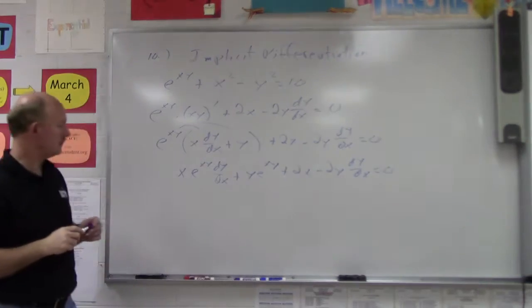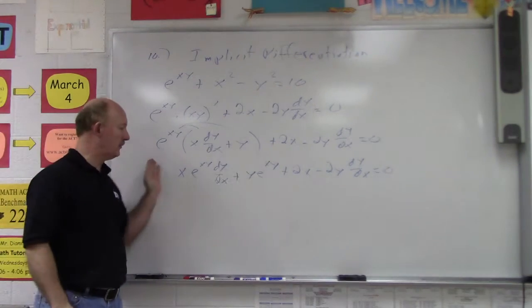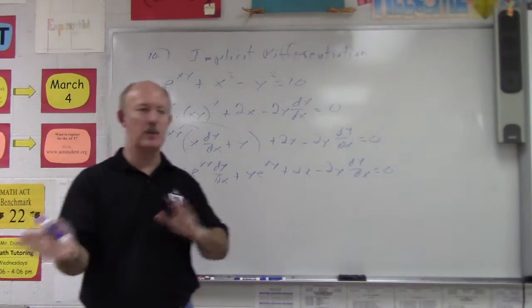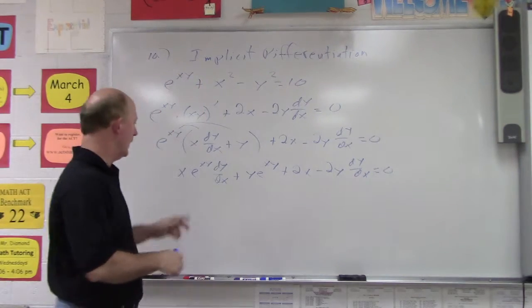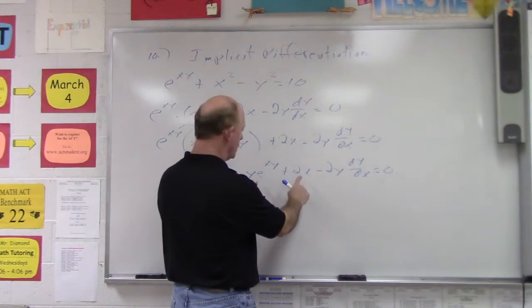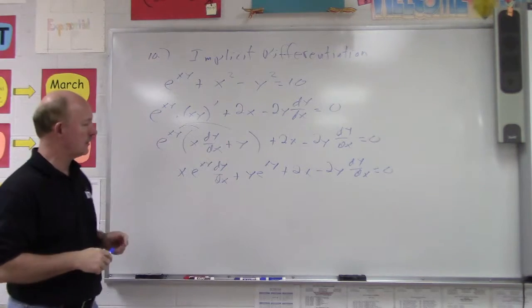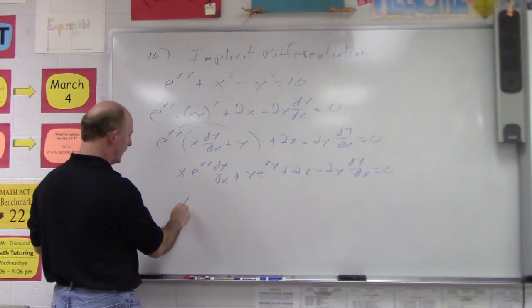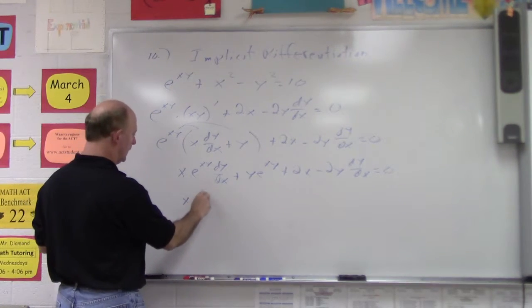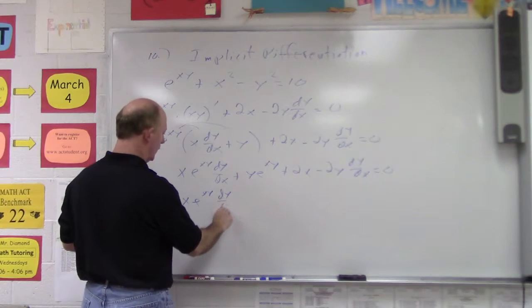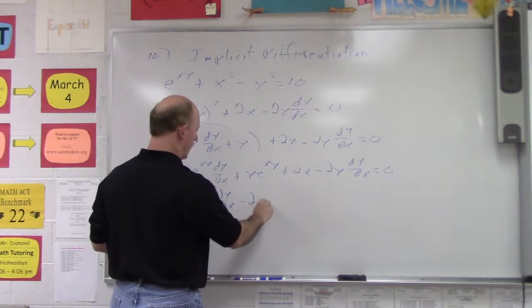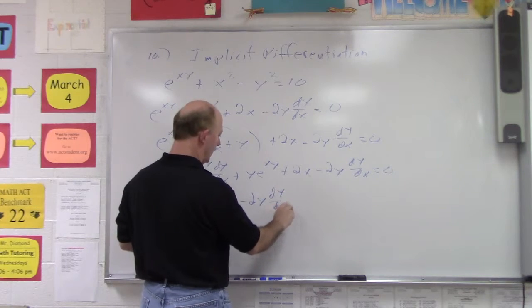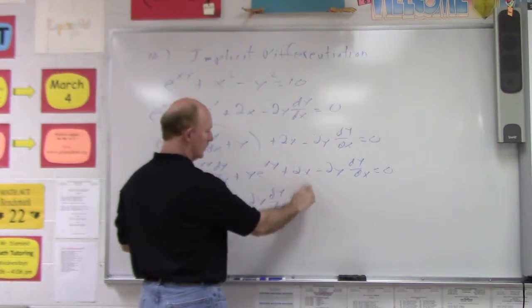All right. Now, once you remove your parentheses, now we can rearrange our terms. We can move our terms around however we want to. I'm going to take the 2 terms that do not have dy dx. We'll move those to the other side, and that will leave us here with the x e to the xy dy over dx minus 2y dy over dx is equal to, now it's a positive x on this side.